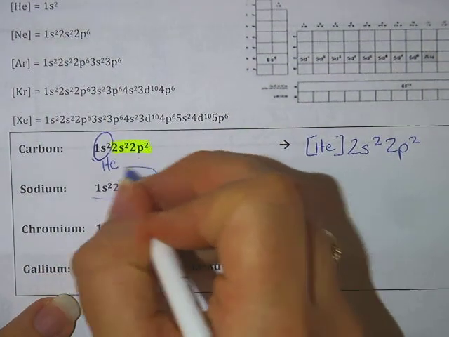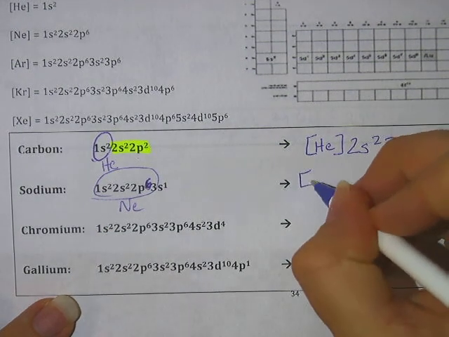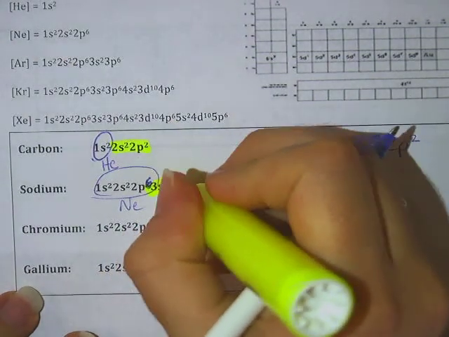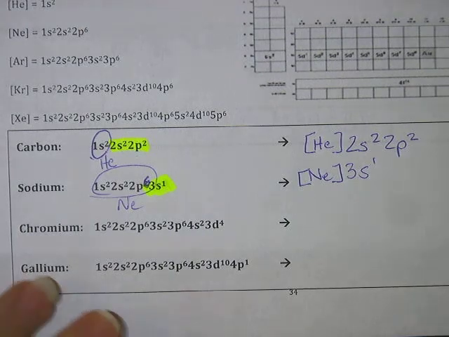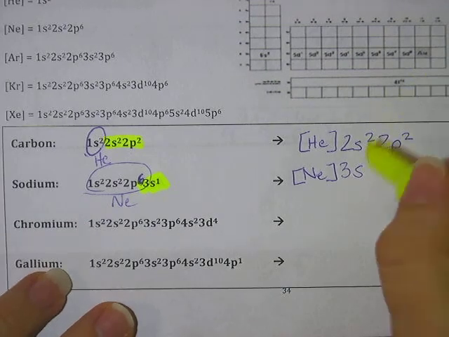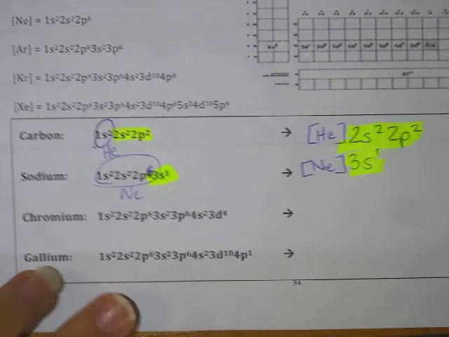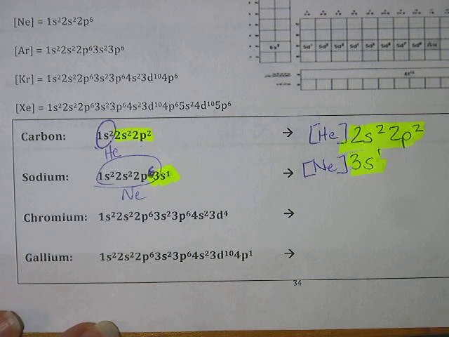So instead of writing all of this, I could just write neon in brackets. And then this last part that's not neon, the 3s1, I just tack that on the end. So those parts that are not part of the noble gas, you still have to write. But that first part that is the noble gas, you can just write the noble gas instead.